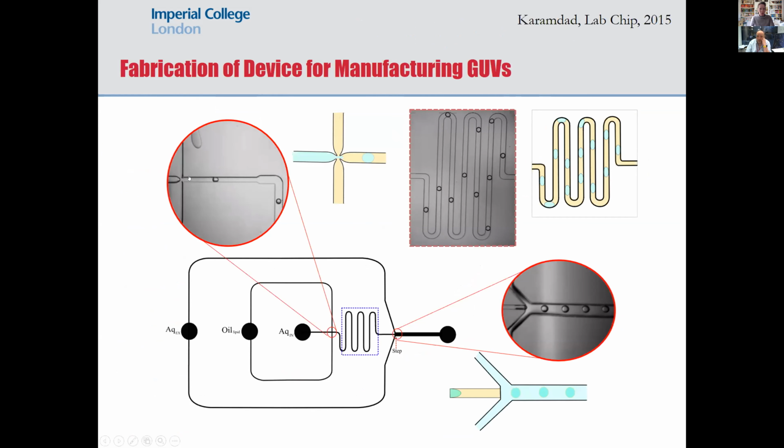But what's special here is the oil has lipid dissolved in it. So the lipid goes to the interface of the droplets to produce a monolayer. By the time it enters the serpentine, those droplets that are meandering through the serpentine, the monolayer interface is stabilizing around them. And then at that point here, when they exit the chip, there's a little step that makes the droplets hop from an oil volume into an aqueous volume.